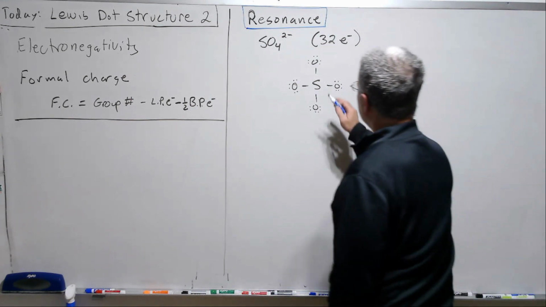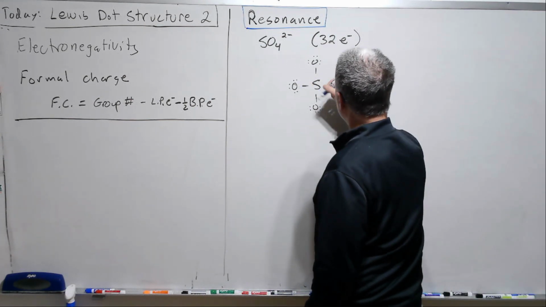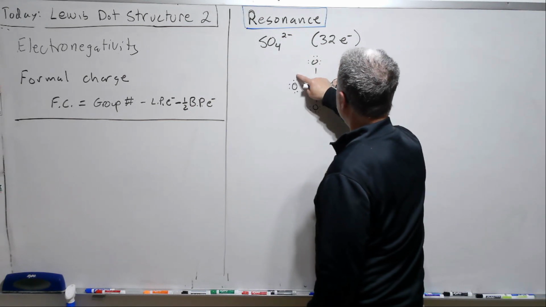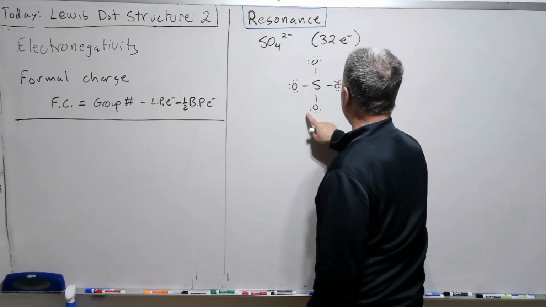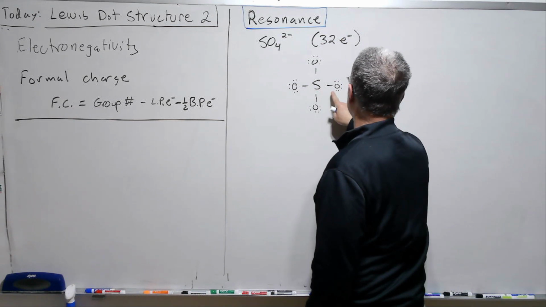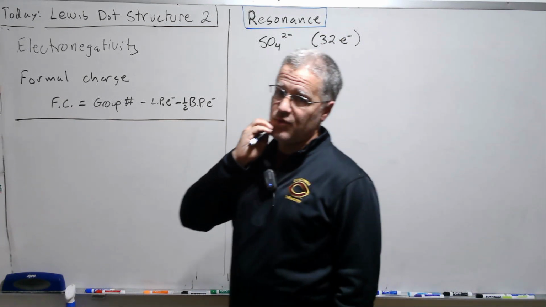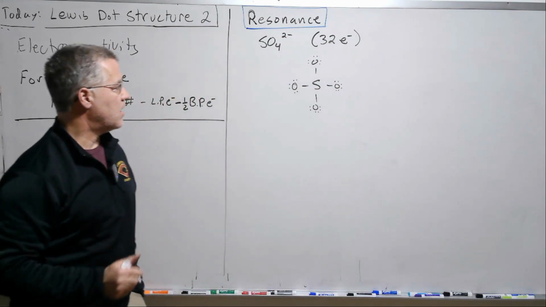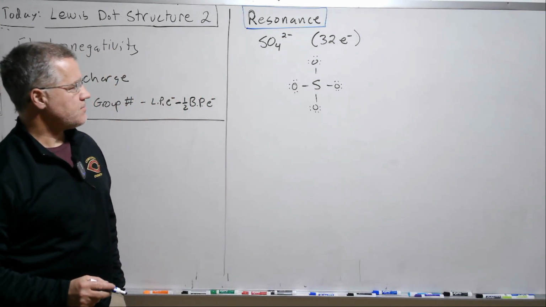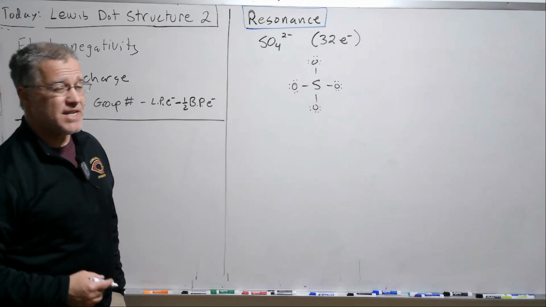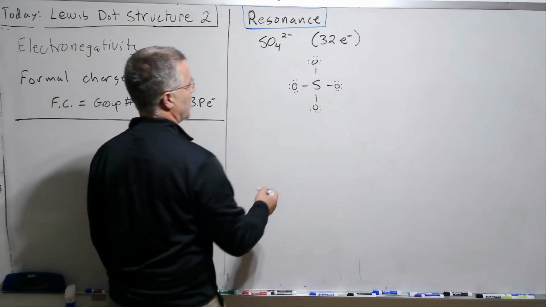So let's do our skeleton structure. And we go 2, 4, 6, 8, 10, 12, 14, 16, 18, 20, 22, 24, 26, 28, 30, 32. So it looks like we have achieved our Lewis structure.